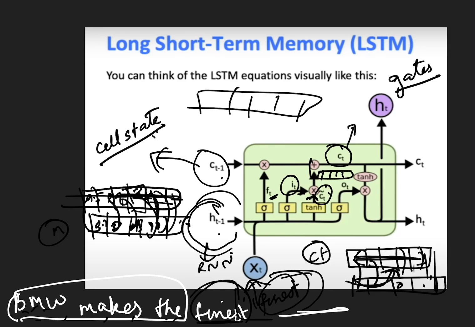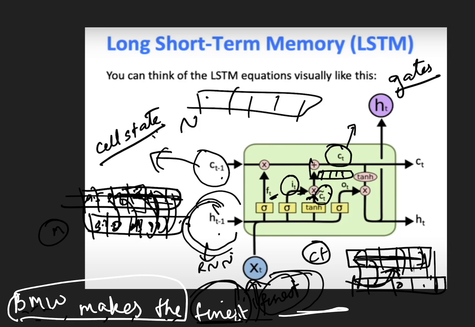This is what we wanted. So BMW makes the finest. Now this ct has captured this information, BMW makes the finest, in the same size, without losing the meaning and removing all the unnecessary information. In an n-dimensional vector, it has managed to do that.